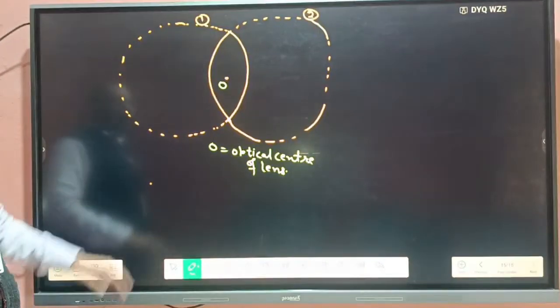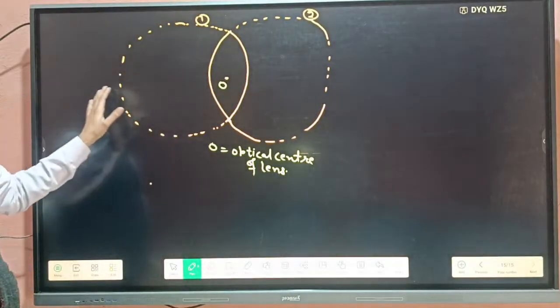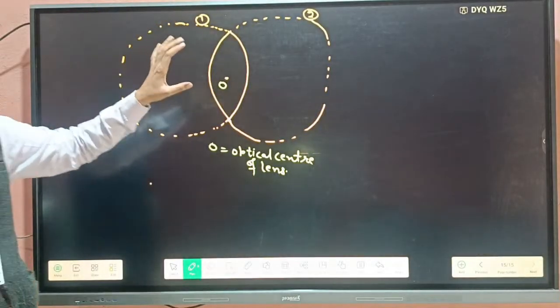Here this is one sphere, and this sphere has a center.